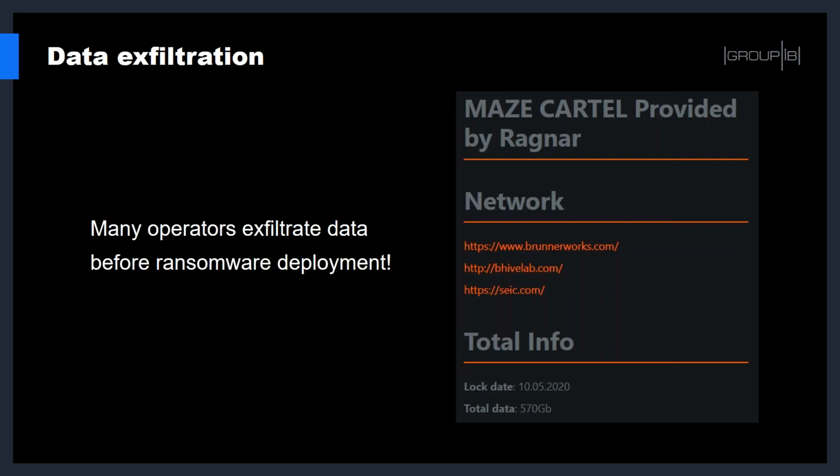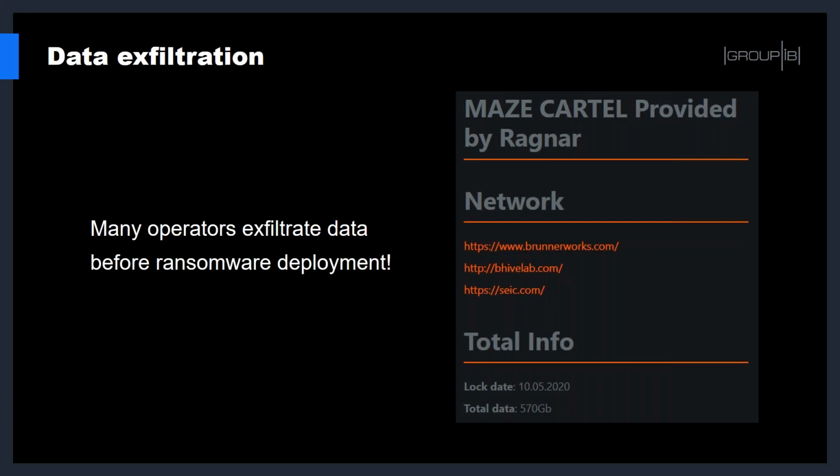Another thing that was introduced in 2019 and keeps going nowadays is data exfiltration. As you can see on the screenshot, Maze created even a cattle, and nowadays they collect and publish data from other groups.